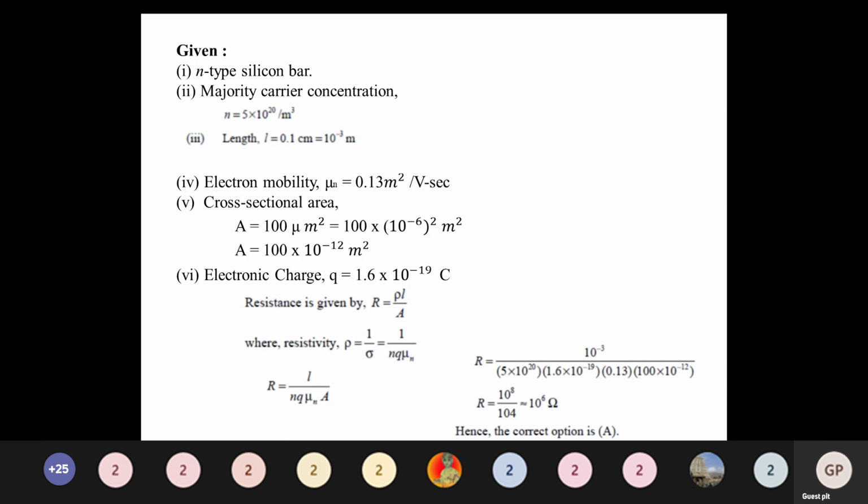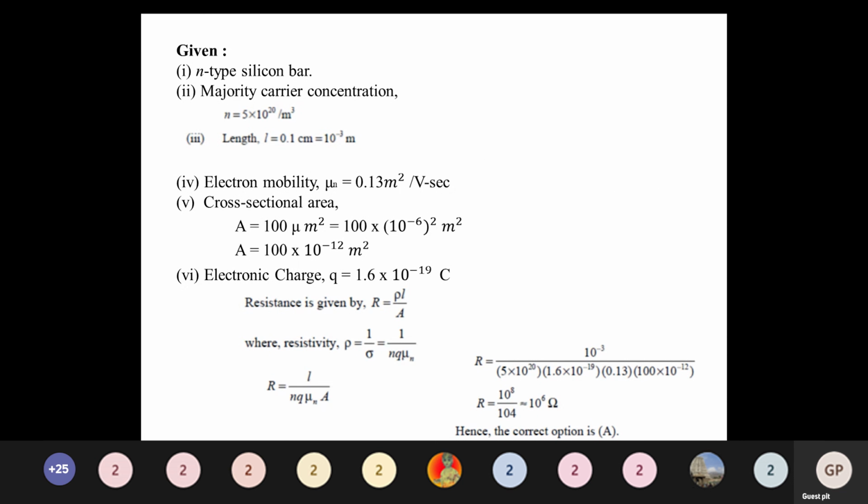Resistivity means rho, but here they are asking the resistance. So resistance R equal to rho L divided by A. Substituting rho equal to 1 by n q mu n, we get R equal to L divided by n q mu n A. All these values are available, so we simply substitute. The answer is 10 to the power 6, so that is option A.